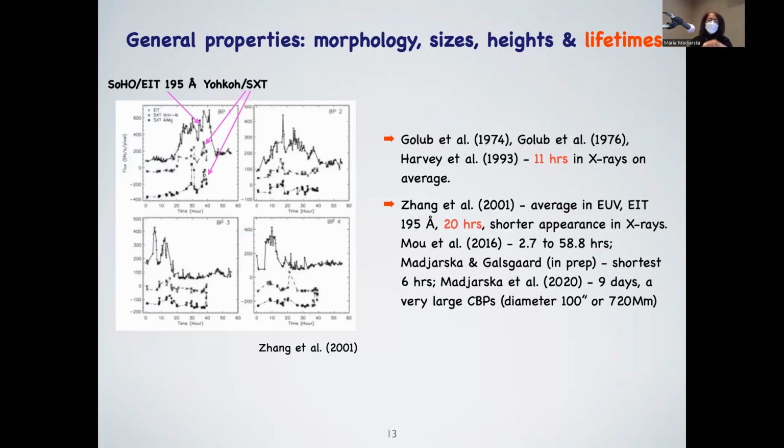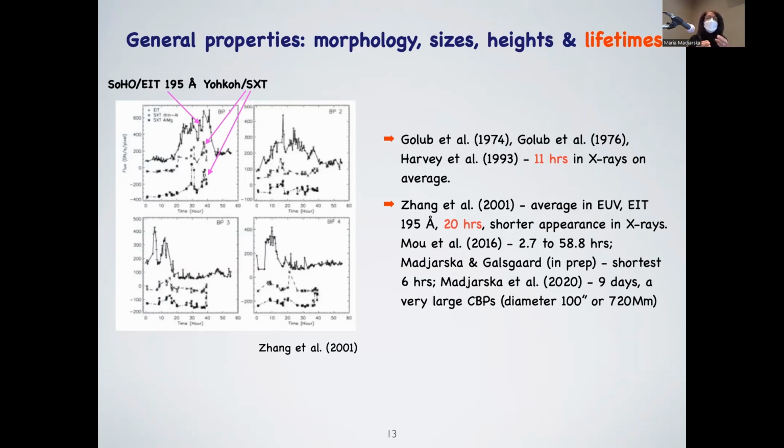Well, this loop system, when seen in X-ray, has a much shorter lifetime than when seen in UV. In the past, there was a little bit of confusion about the lifetime of bright points, because they were saying that these small-scale loops have a lifetime of only 2 minutes.